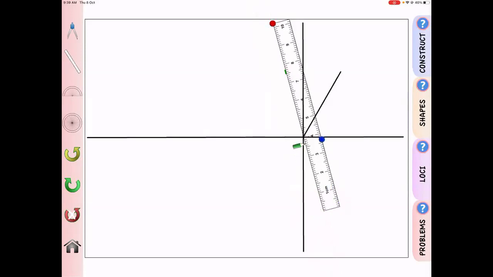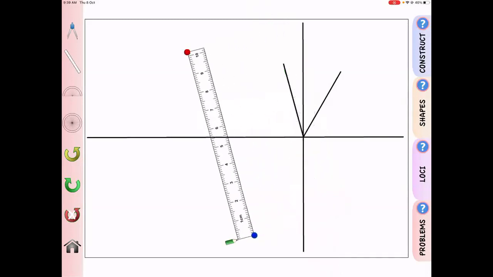Approximately. Okay. So these are the initial and the final position of the rocker. You can label them.